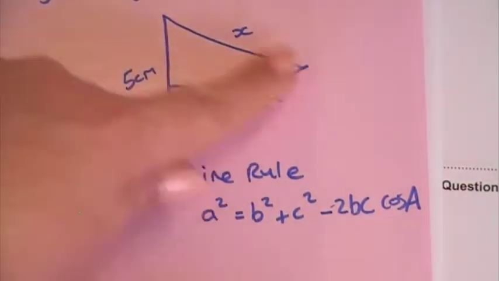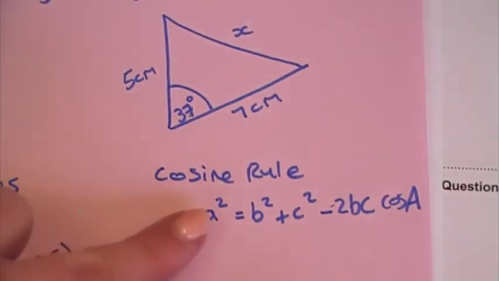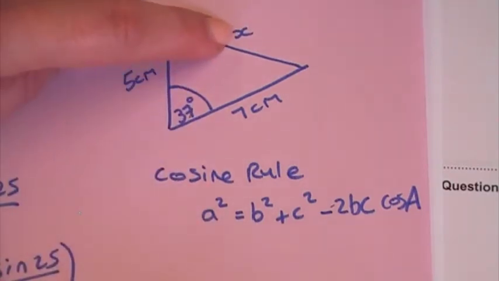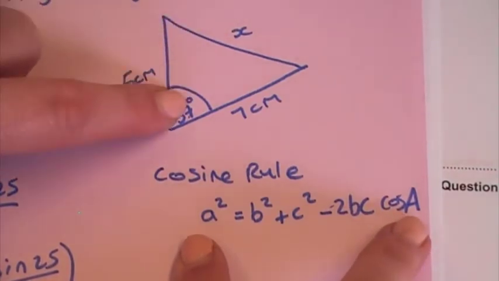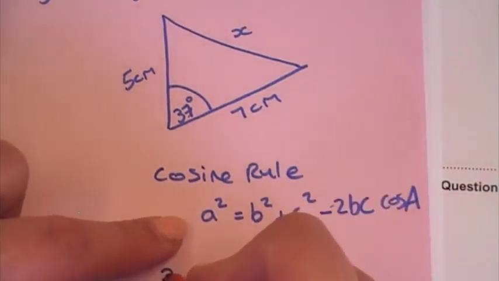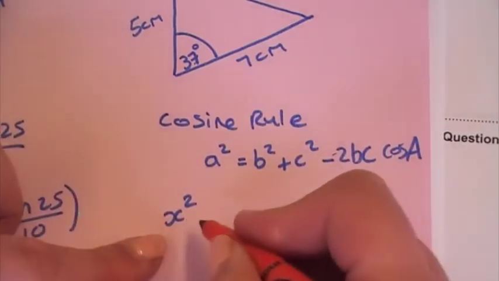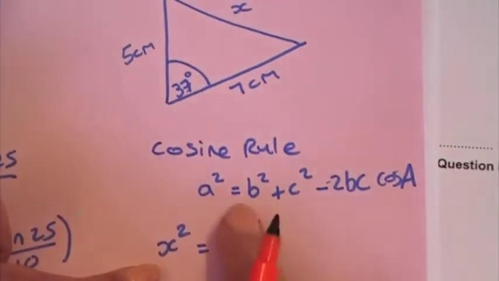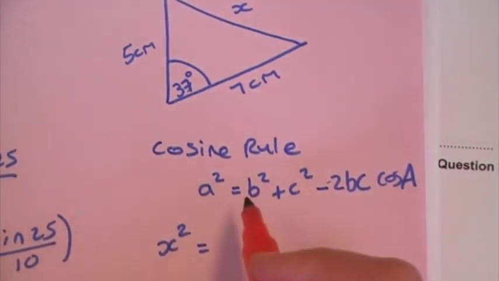Notice, I've not put labels on any of my corners. I'm not going to label this up, because I know if I'm finding the length of a, which in my case is x, then the only other thing I need to know is that I'm using the angle directly opposite it at the end. So let's write it out with regards to my question above. X squared is equal to, I don't know which is b, I don't know which is c out of 5 and 7, and it doesn't matter. I just know it's the 2 lengths squared and added together.